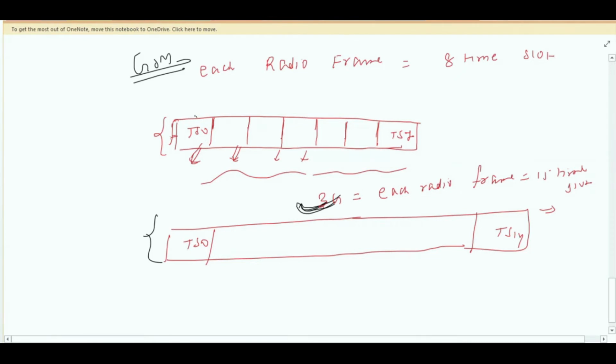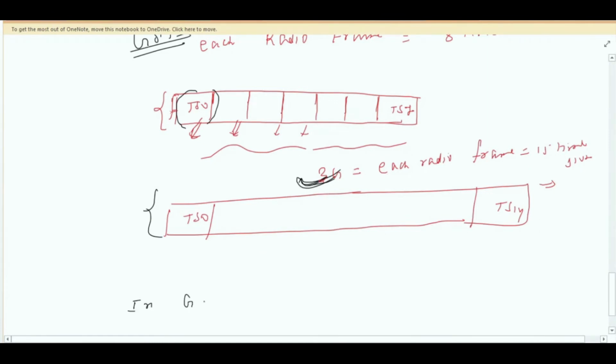That's why all these slots are called resources. Here your user can transmit or receive information. So as a user, you will get a slot. In GSM, each user gets one slot. It is never possible that a slot is allocated to multiple users in GSM.